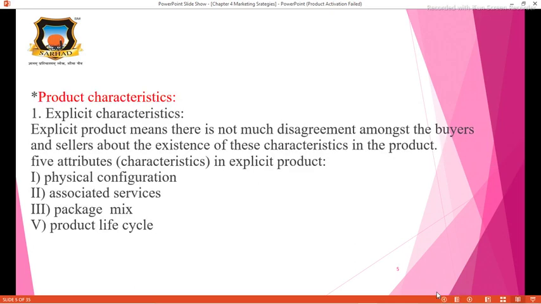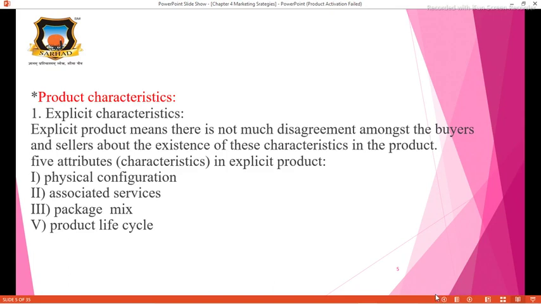A product should have certain characteristics, both explicit and implicit. In order to have a clear understanding of the product concept, it is essential to understand these explicit and implicit characteristics of the product. Let us see the explicit characteristics.